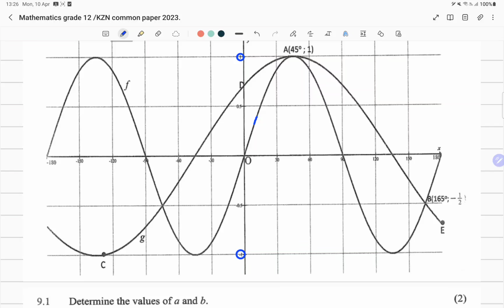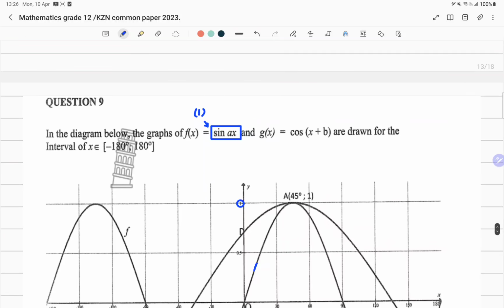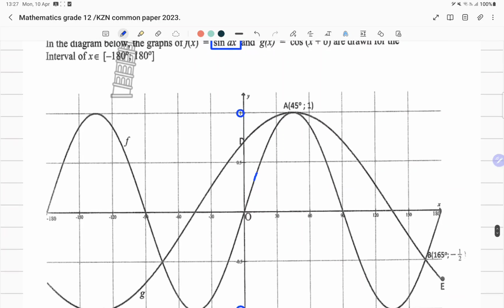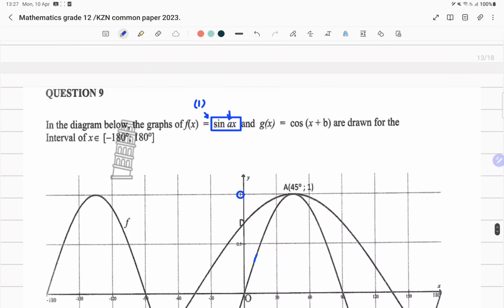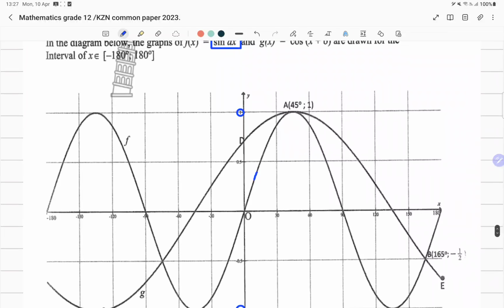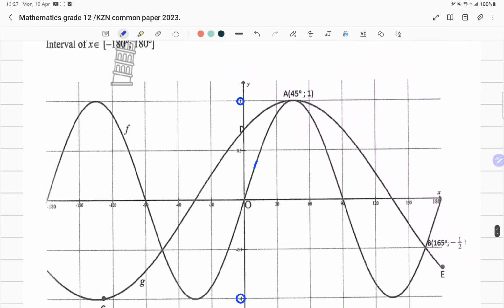Okay, so do you see? Everything is representative. But now we have a coefficient of the angle, meaning the period is going to be different. Normally a sine graph completes its cycle at 360 degrees. But now let's look at this sine graph.